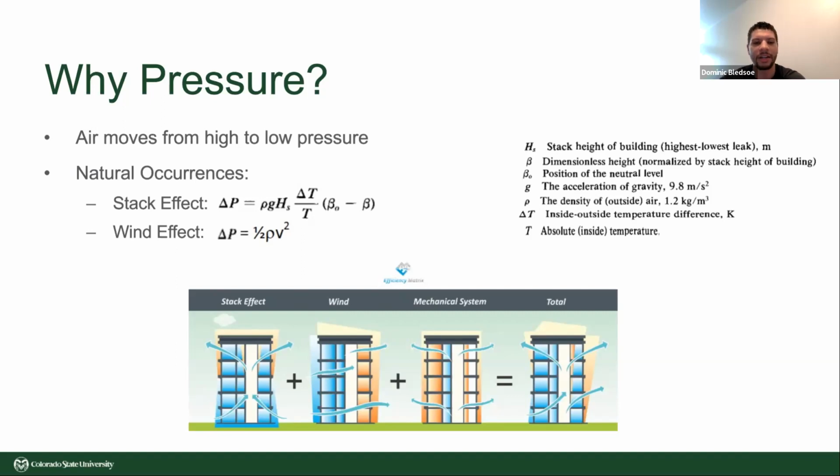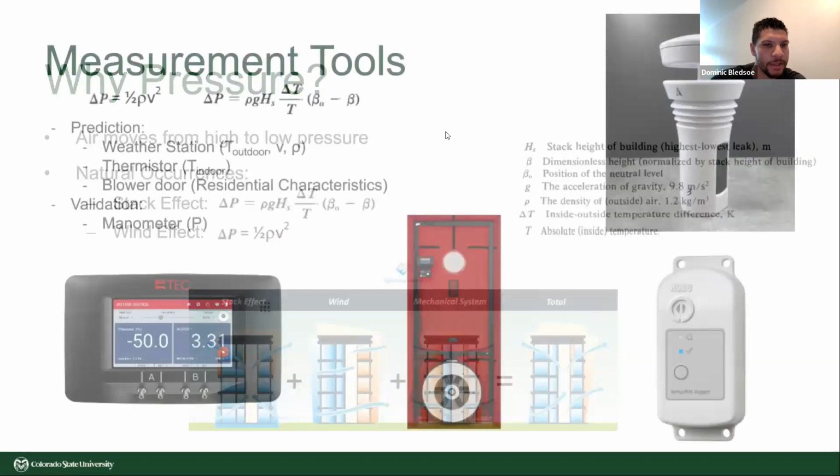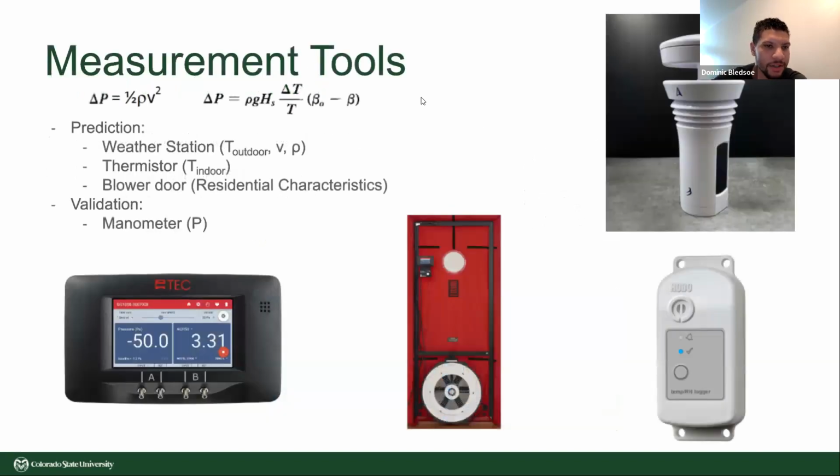Now I'll touch a little bit on some of the measurement tools I use to find these values. We have our equations still here, but for the prediction model, I used a weather station, the Tempest weather station on the top right.